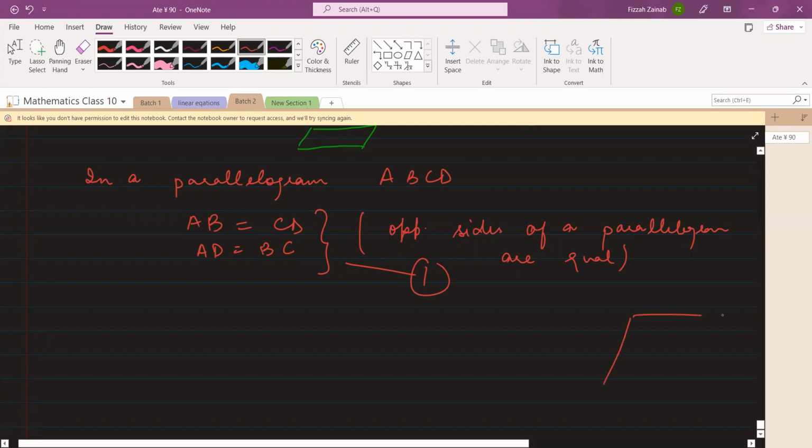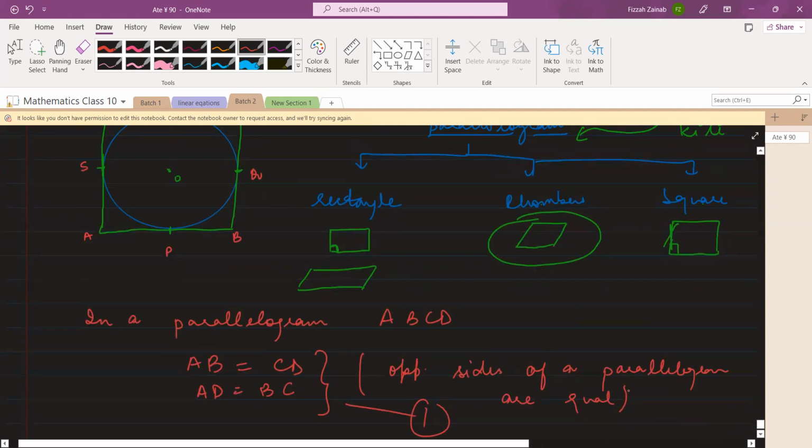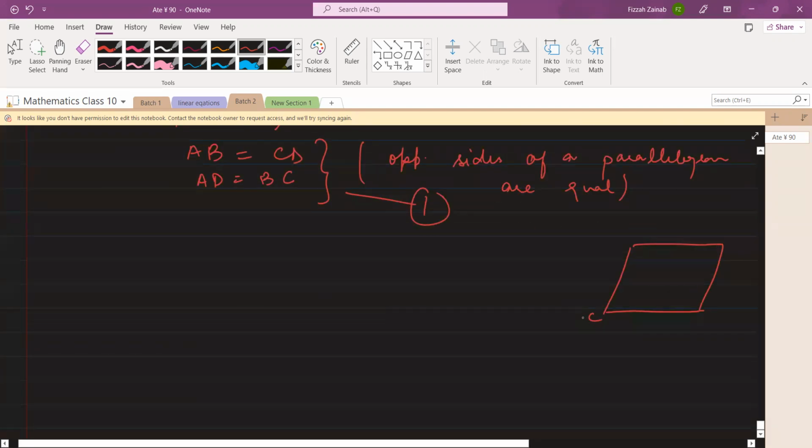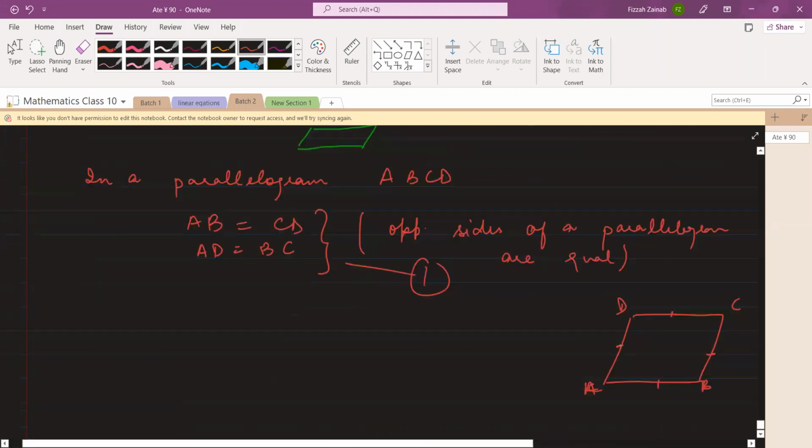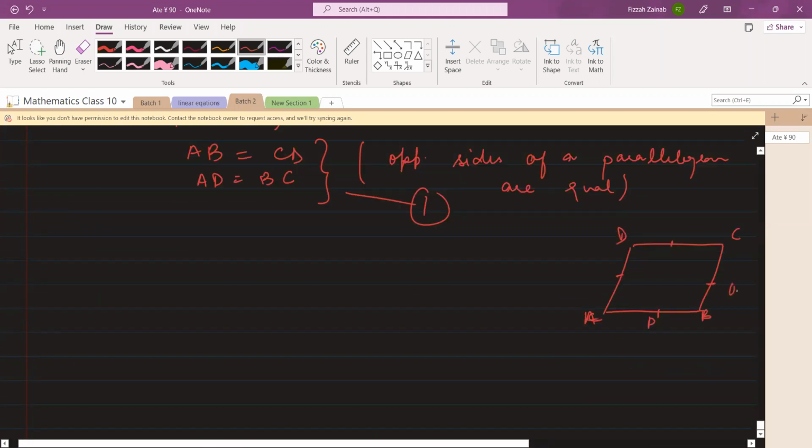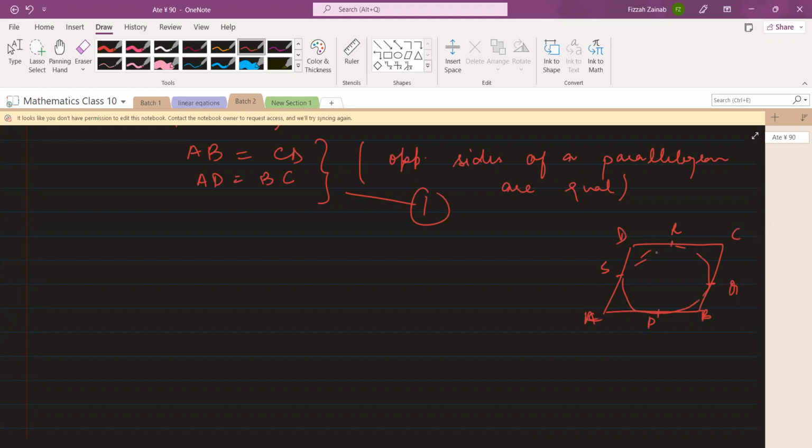So this is just drawing again ABCD, and these were the points P, Q, R, S. There's a circle here which you can draw.